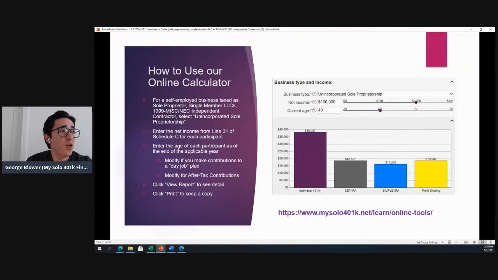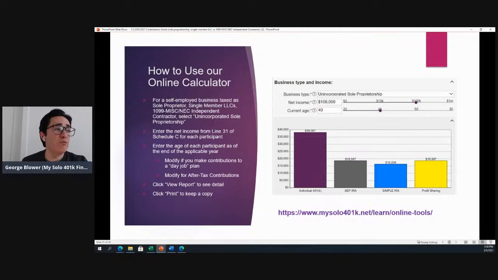For a self-employed business taxed as a sole proprietorship, single member LLC, 1099 miscellaneous independent contractor, where you're reporting your self-employment income on Schedule C, you would select unincorporated sole proprietorship. You would enter your net income from line 31 of Schedule C, so you don't have to reduce it by 1/2 of the self-employment tax. The calculator does it for you.